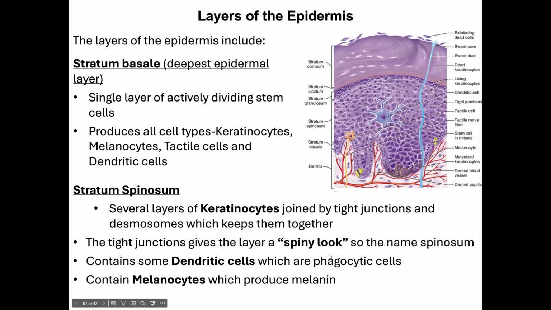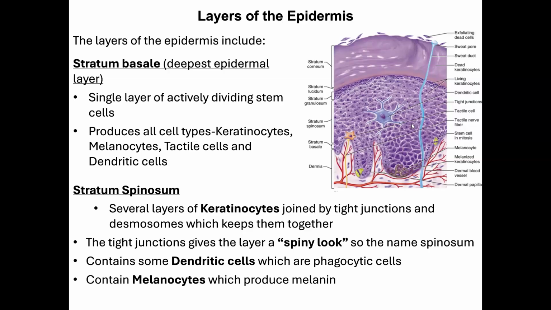The next layer is the stratum spinosum. Spinosum means spine. So here, the most abundant cells are the keratinocytes, and they are joined with each other with little connections, and it looks like spines.